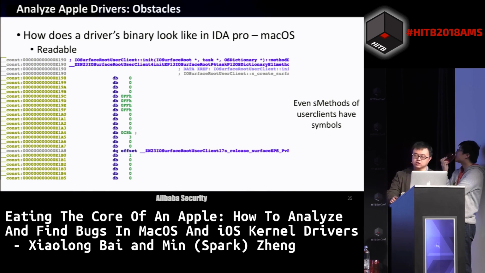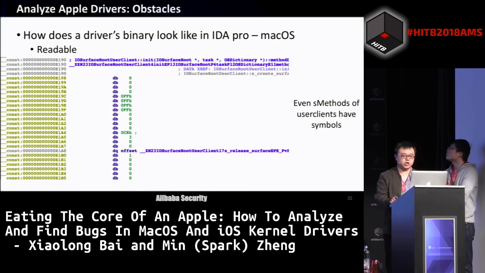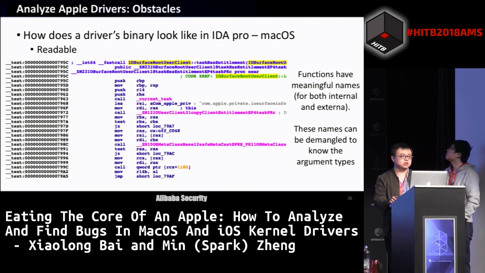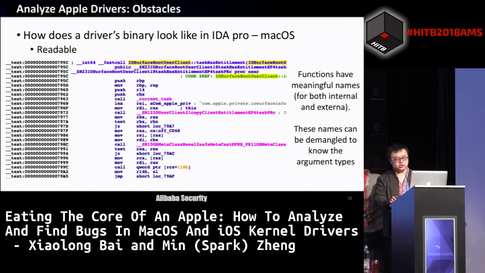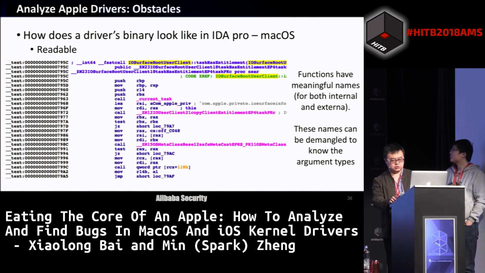Even better, we can find the symbols for the methods that the drivers are going to provide to user space programs. Better, we can find that macOS drivers have function names. Their function names are kept and meaningful, and these function names can be demangled to get the argument types.